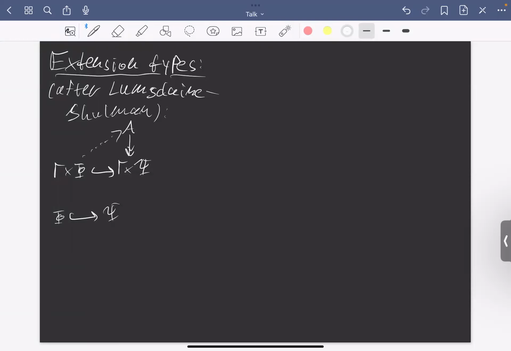We're considering a partial section of A that is only defined on phi. So it's a term that for every t in phi lands in the fiber A of t. It's almost like a section of this projection map that we can identify the family with, but it's only defined on the smaller shape.